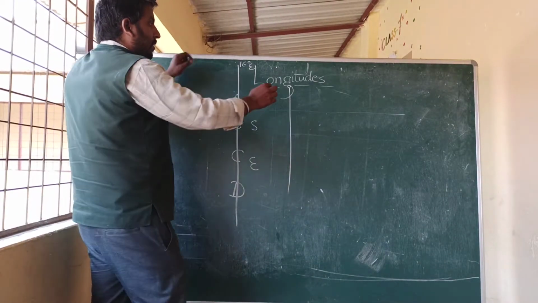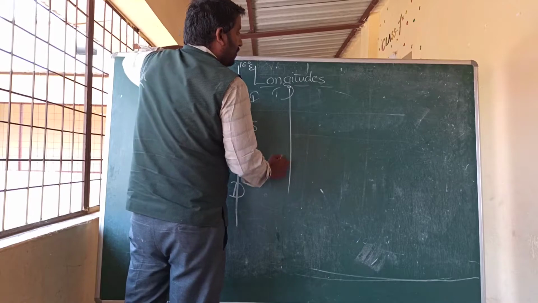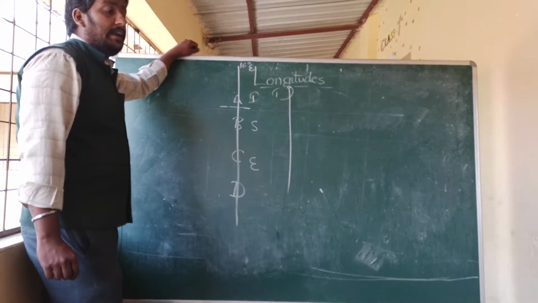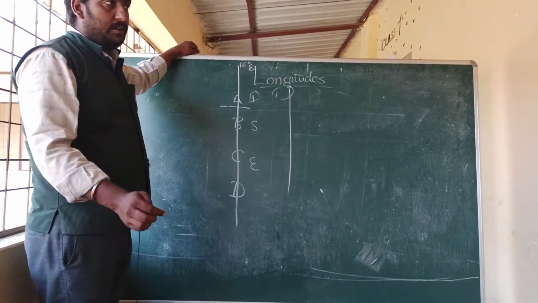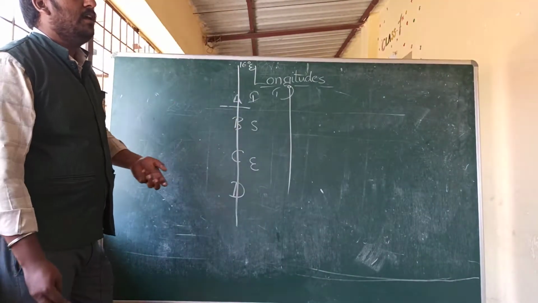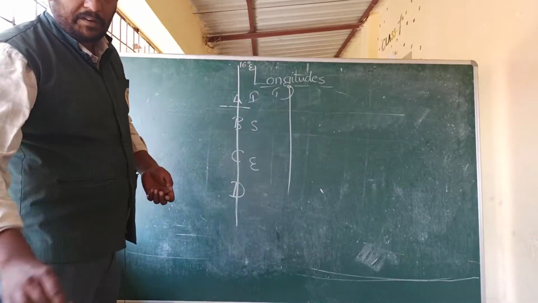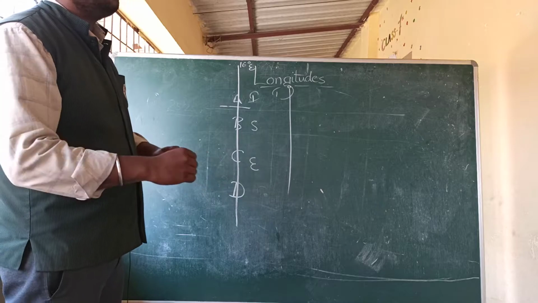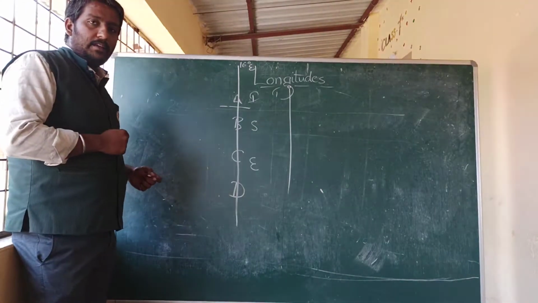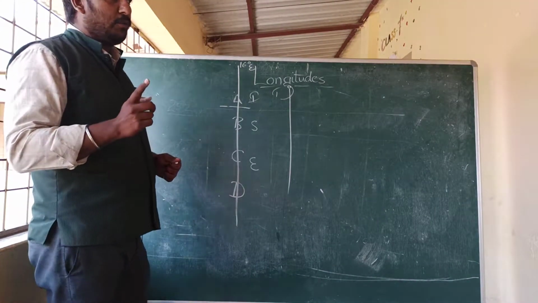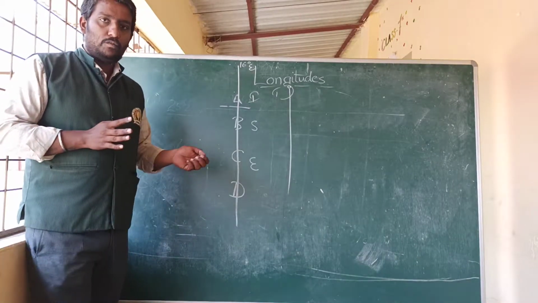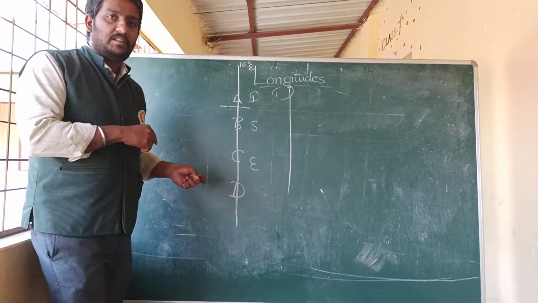0 degree is also known as the prime meridian or the international standard time unit. From here we find out the differences between time. You can do one thing on your mobile phone. You just go to the settings, to the time zone, and there you try to change the time.